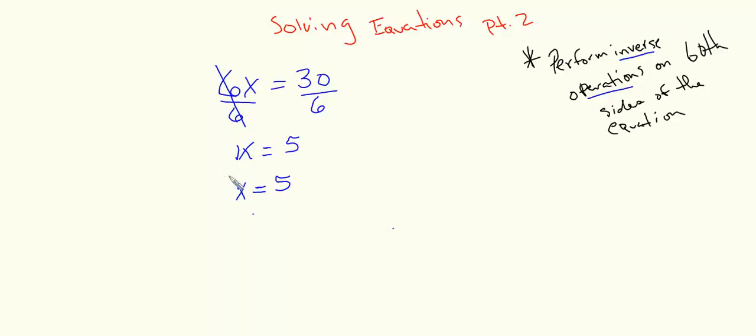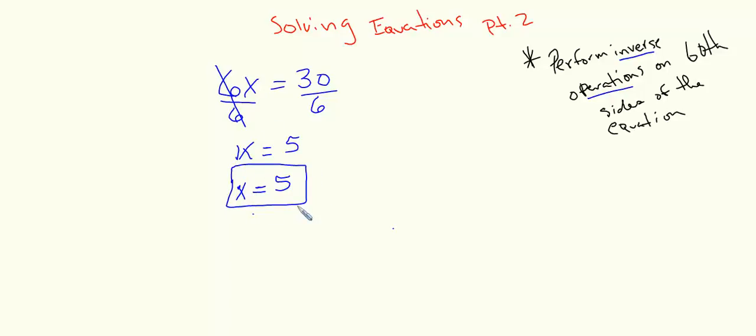Once you get advanced, many people skip this step and they just divide 6 divided by 6 and know that it's 1x, and so they just write x here. I just wanted to show you this step just in case you were not advanced. So x is equal to 5. So 6 times 5 equals 30.